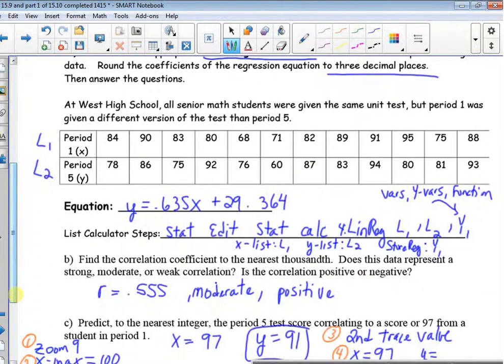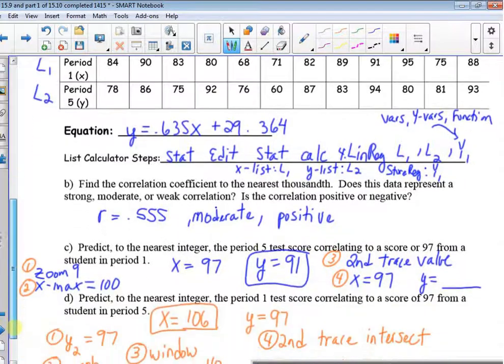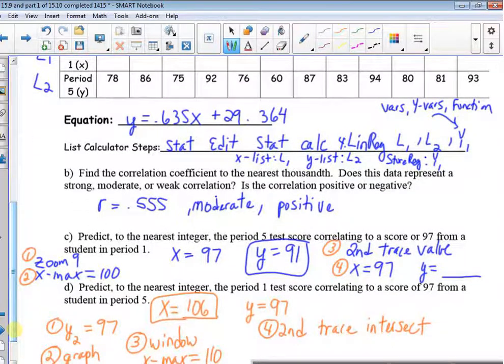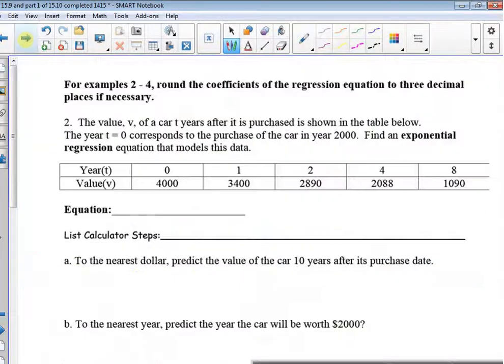So we did a linear example and wrote out calculator steps to find all of that information about the correlation coefficient, the equation, how to set your window to find a Y value given an X, and how to find the X when you have Y given. So that was a linear regression equation.